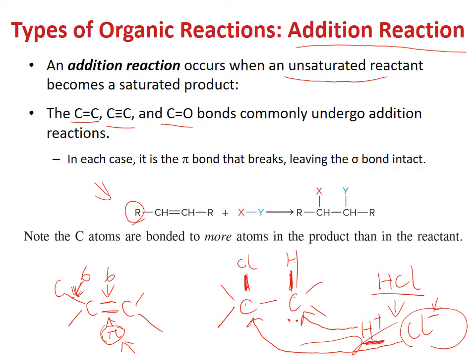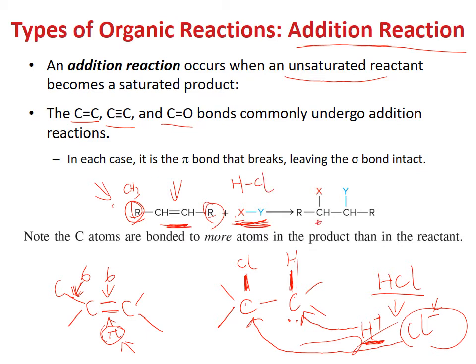The R represents any alkyl group, so it can be a methyl group, CH3, or an ethyl group, or any number of carbons. The purpose is just to focus on the double bond and use R to represent the rest of the molecule. You can see that when an alkene with a double bond reacts with a polar molecule XY, which represents a polar molecule like hydrogen chloride.